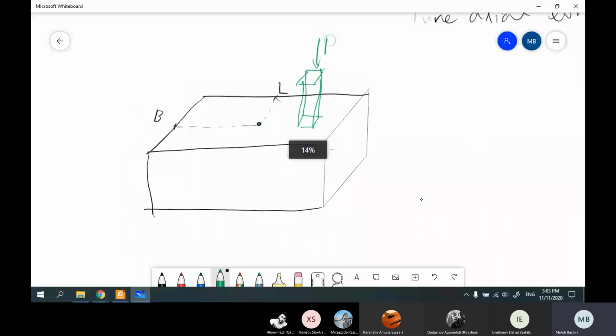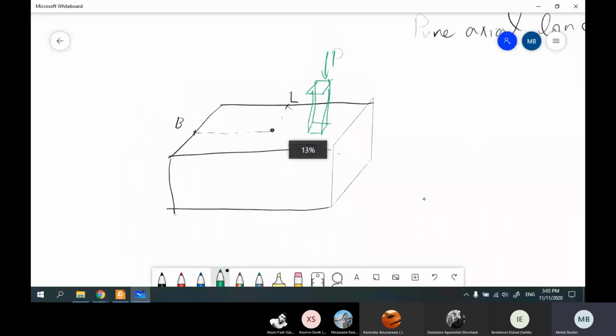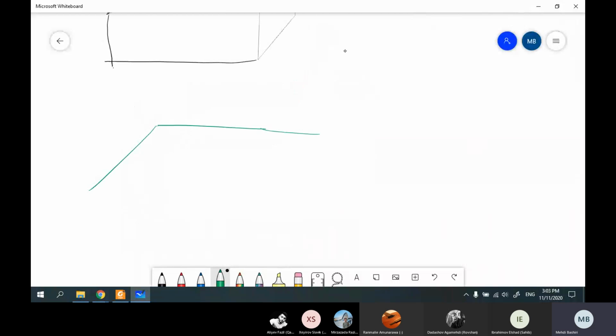What about the other case? The other case, I mean pure bending. You already know about the connections, the supports. What is this? We call it hinge. What is this? Fixed. What was the difference between hinge and fixed?